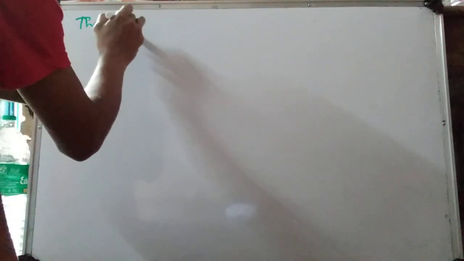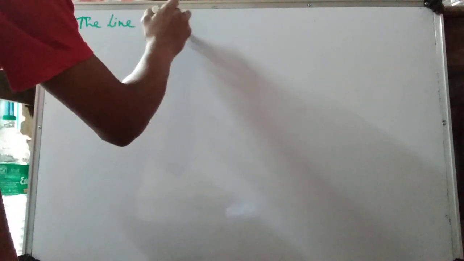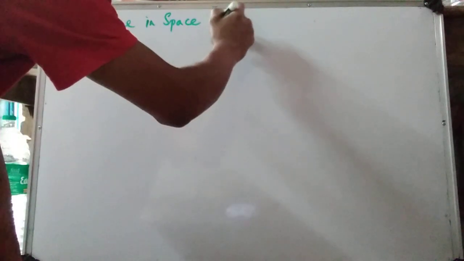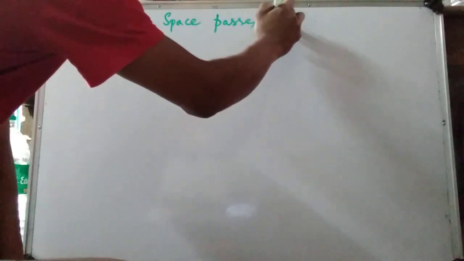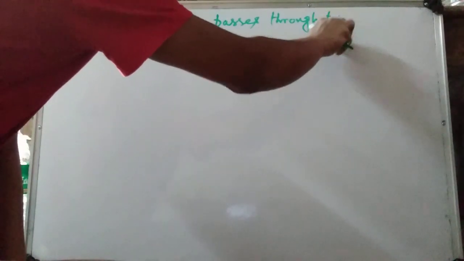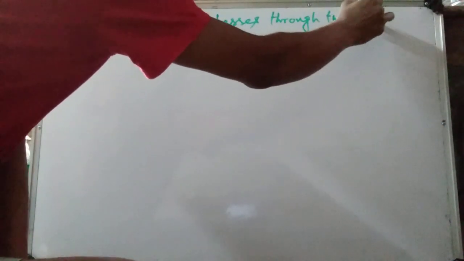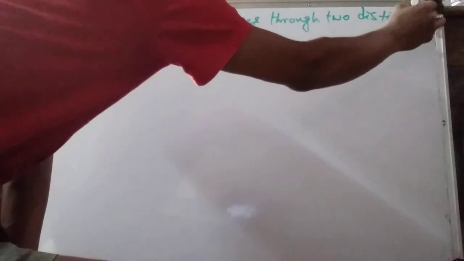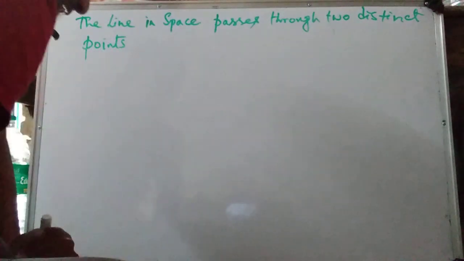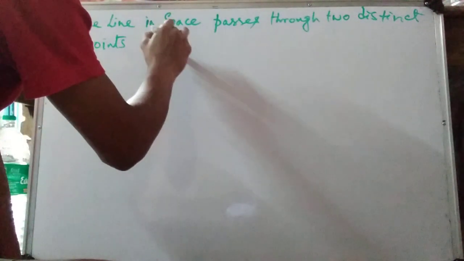So what we discussed today, that means the line in space that passes through two distinct points a and b.